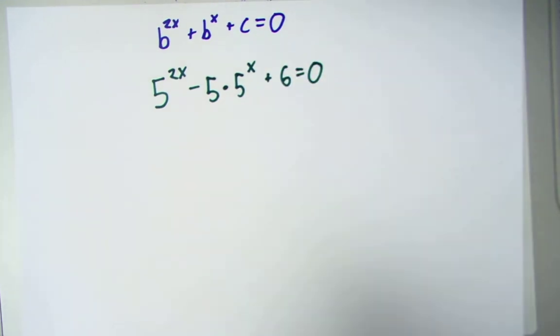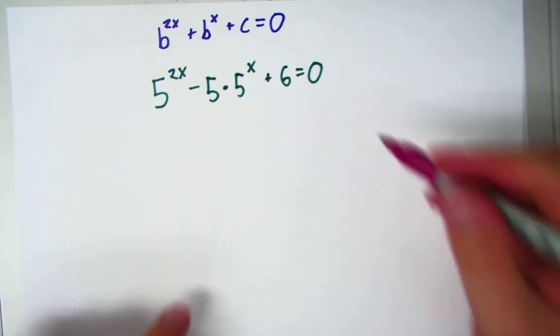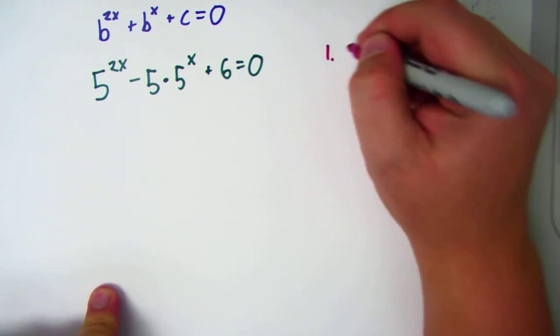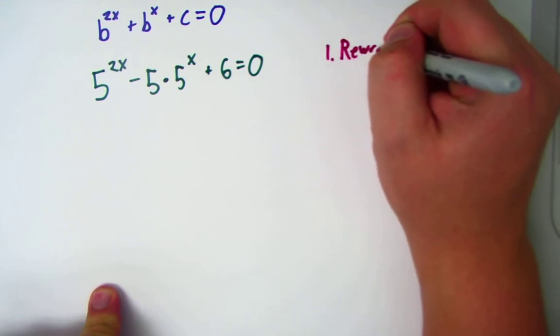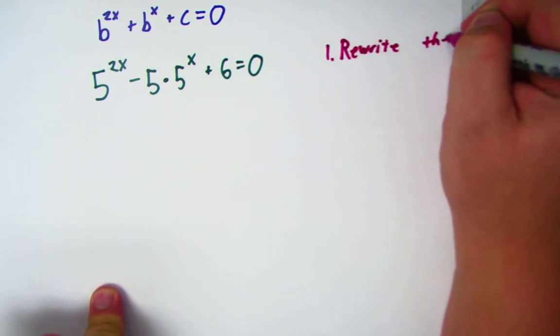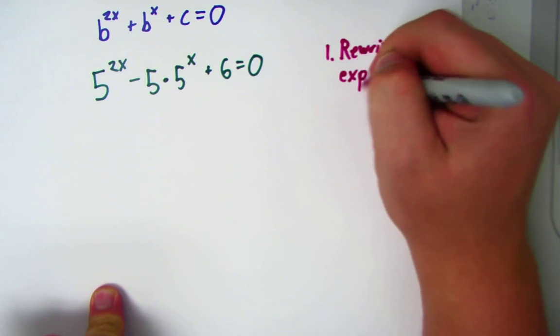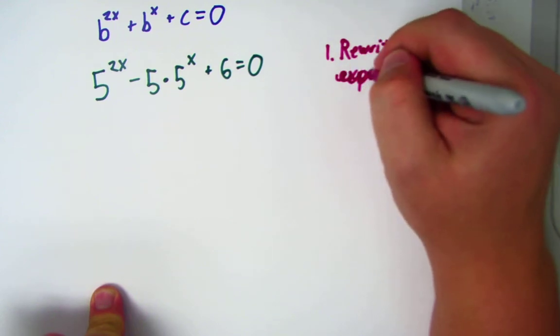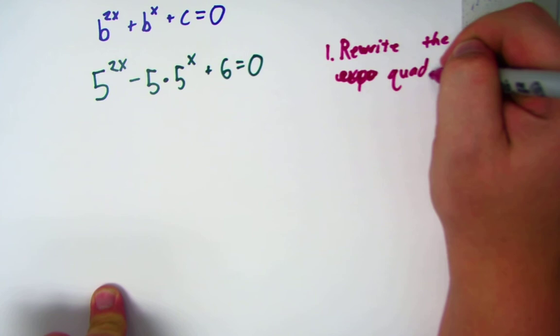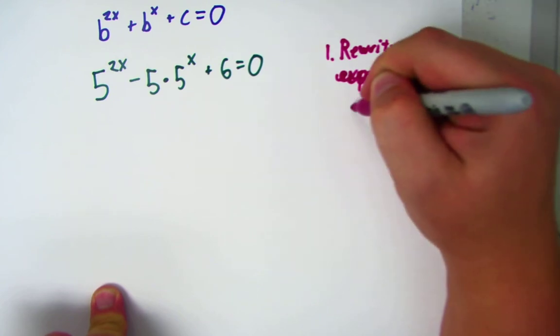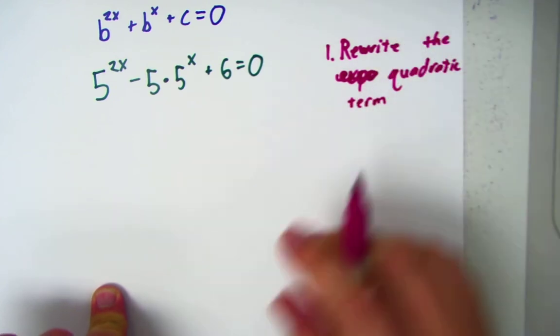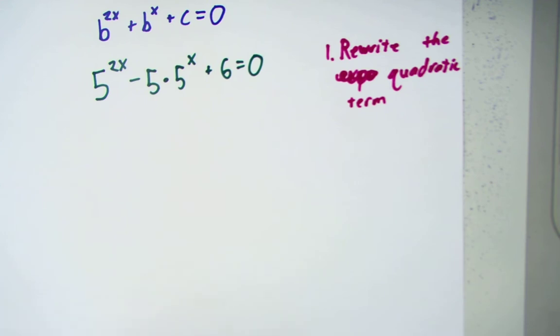Once you do that, you realize it's this problem type where you're going to use substitution. The first thing you're going to do is rewrite the quadratic term.